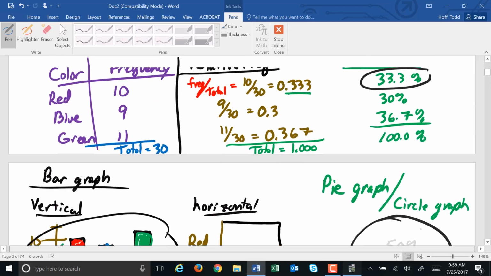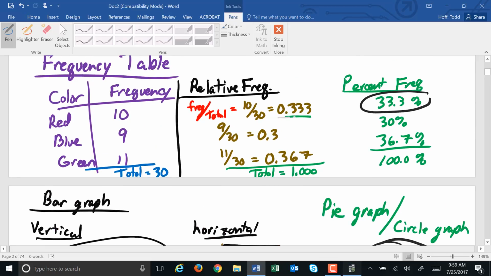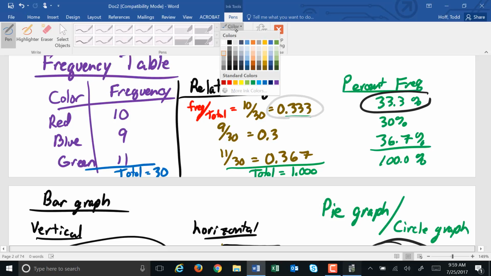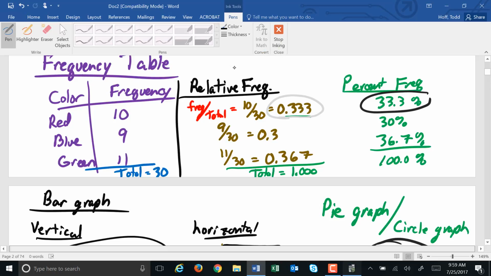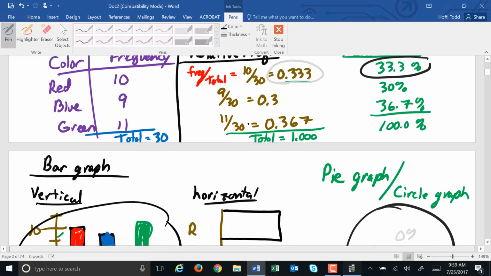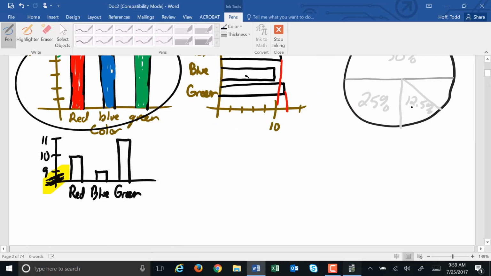Well, up here, we've got 33.33%. That is basically 25 plus 8, right? A little bit less than 25 plus 12. So I'm going to take my quarter circle and then probably somewhere right about there. That is my red.